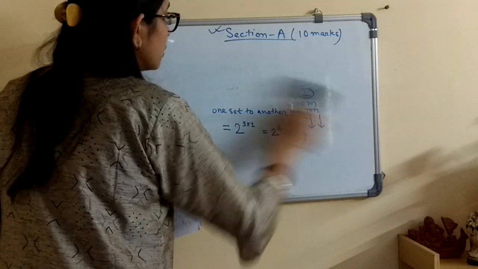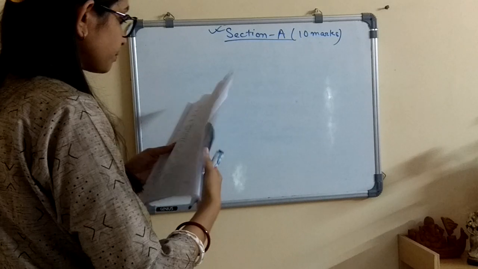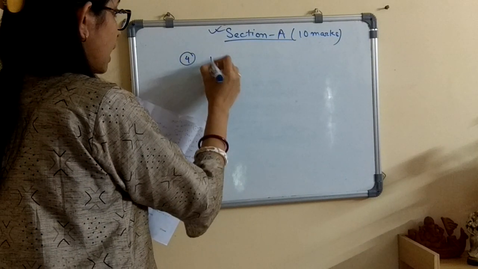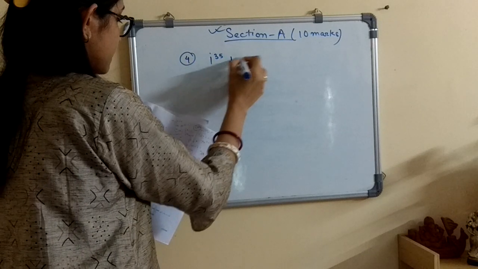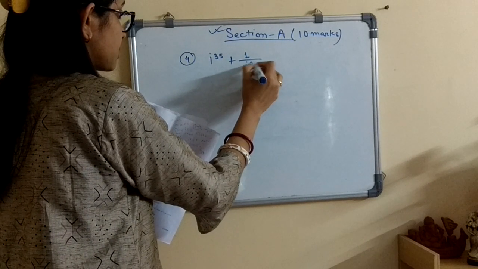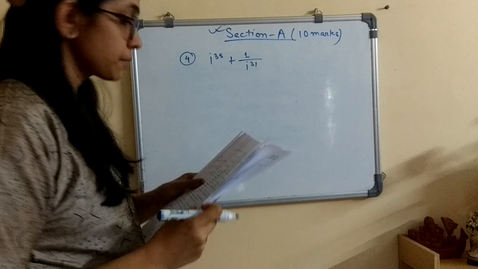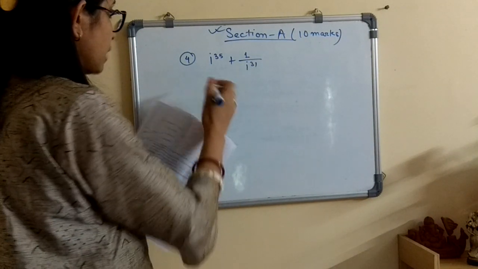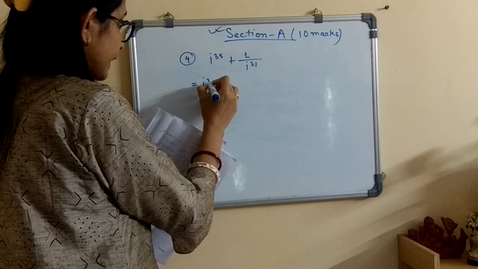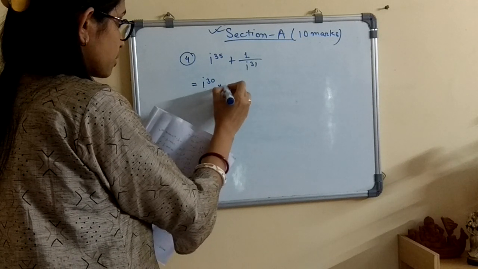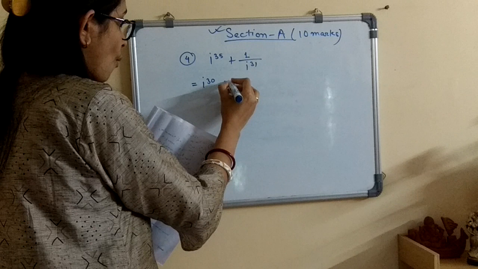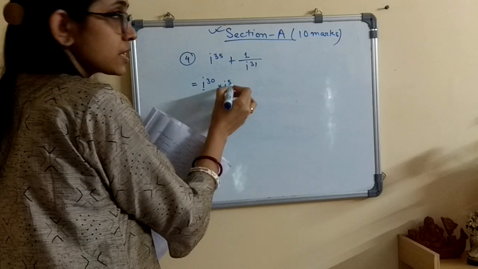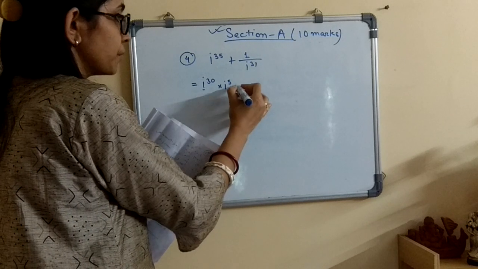Now the fourth question is: i to the power 35 plus 1 divided by i to the power 31. This is a question from the chapter complex numbers. How to solve it? We can write i to the power 30 into i to the power 5, because when the base is the same, the powers are added. 30 plus 5 equals 35.